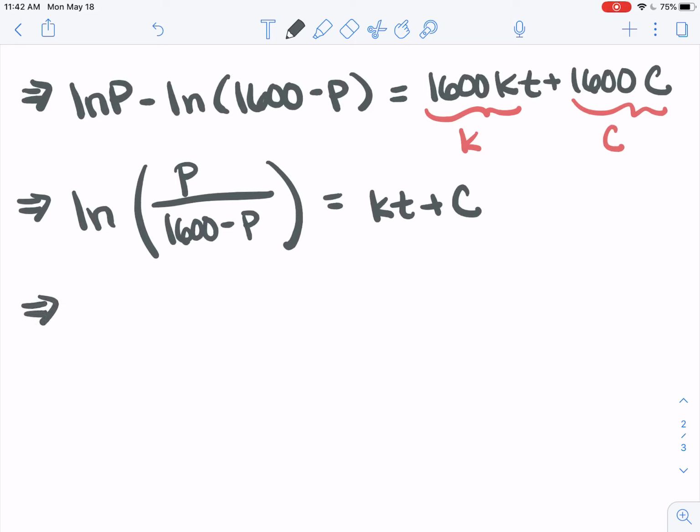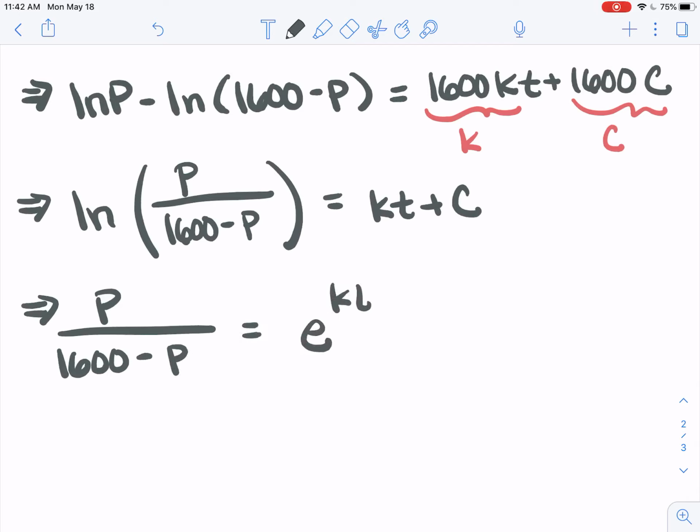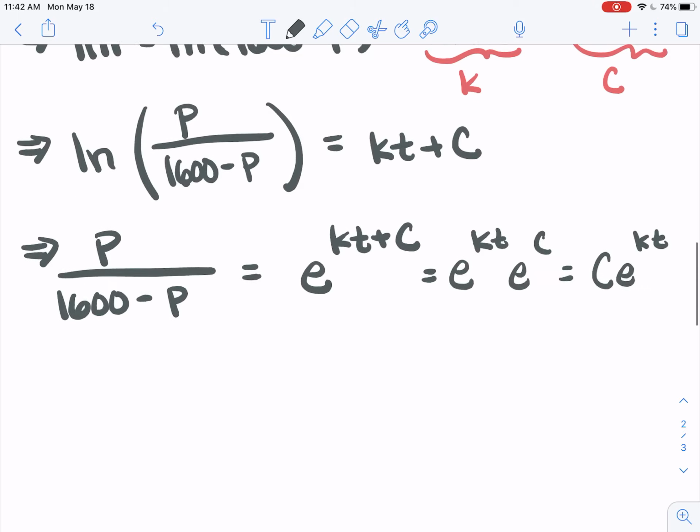So to get rid of the natural log, we exponentiate. So p over 1,600 minus p is e to the kt plus c. We've seen the exponent rules for this before. We're going to relabel the constant c again. e to the c is going to become our new constant c.